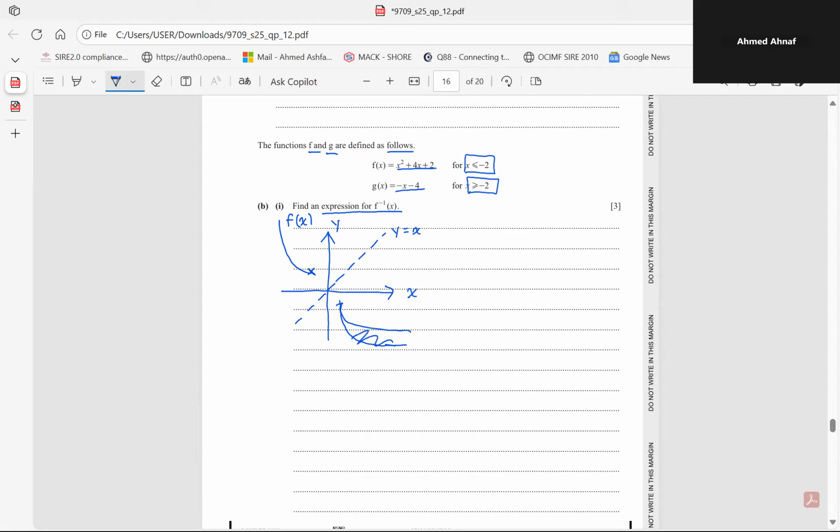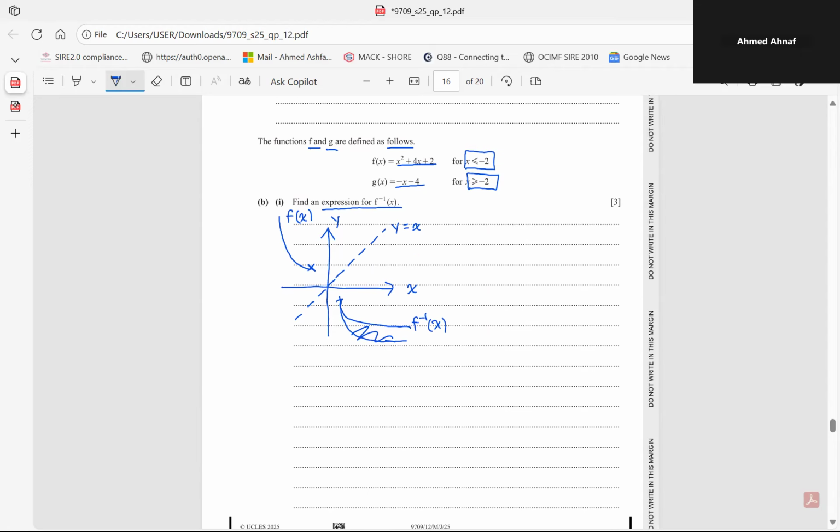So this would be below the x-axis and on the right-hand side of the y-axis. Okay, so now that we know what f inverse x looks like, we're ready to find it.